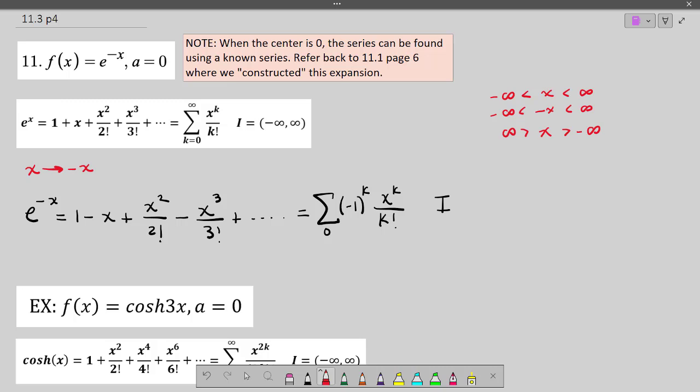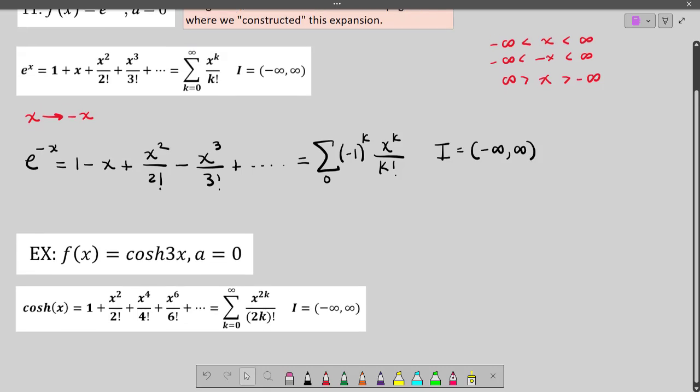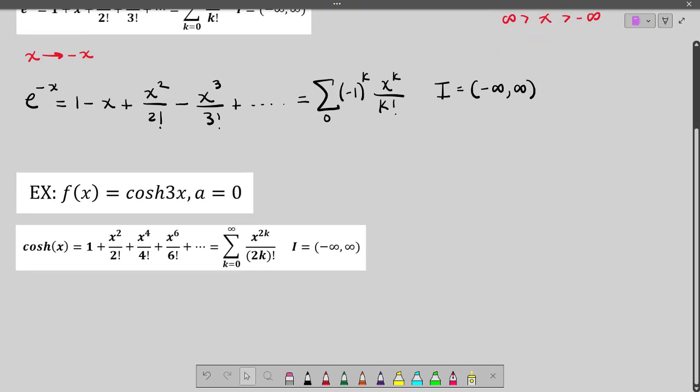But you still have the same interval of convergence. It's not changing anything, so this interval of convergence is negative infinity to infinity. So when the center is 0, we're just doing some sort of manipulation of a known power series. It's when the center is not 0 that we have to do the construction process.